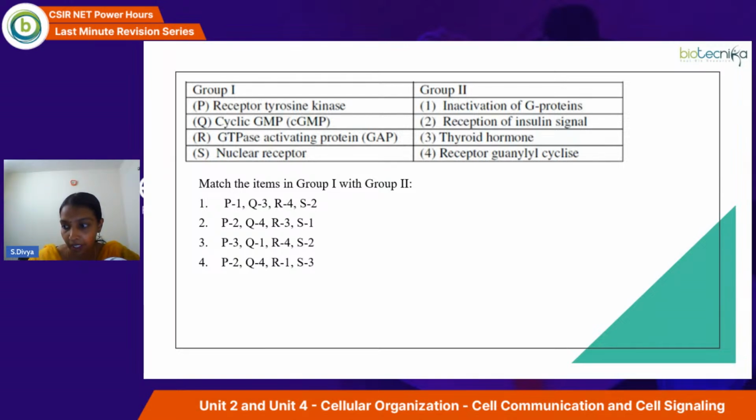Okay, now there is a match the following for you. Find out the correct combination.